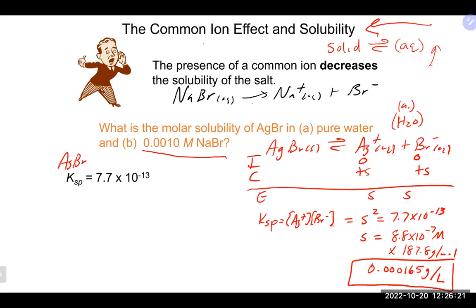The common ion here is the bromide, right? And if we know the concentration of this is 0.001 molar, the concentration of the bromide in this case would be the exact same thing, as it's a 1-to-1 relationship. So how this affects us when we do our calculation for the solubility of silver bromide, we'll once again do our ice table here.